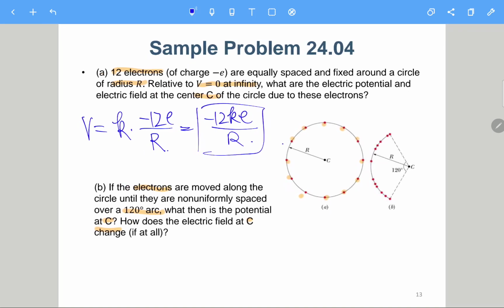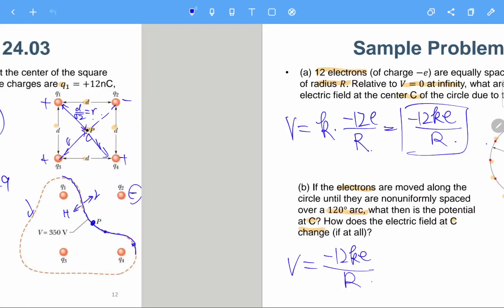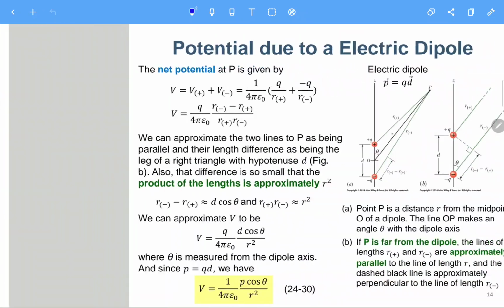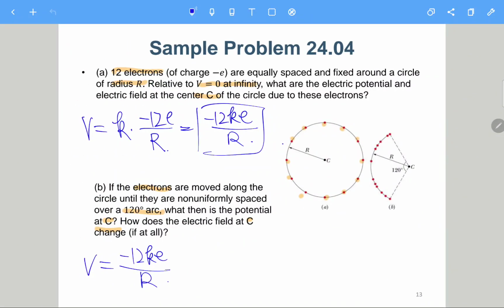Actually, the electric potential is still the same, minus 12 ke over capital R. It doesn't really change because it's only related to the distance. Q doesn't change, R doesn't change, so the ratio doesn't change, and when you add all of them together, the total electric potential will not change at all.